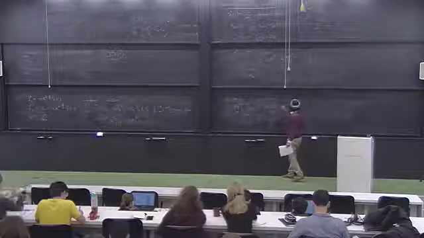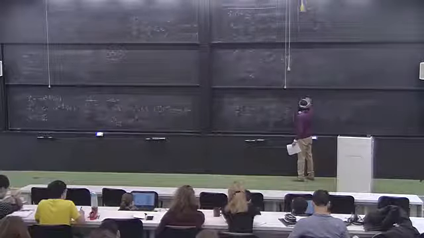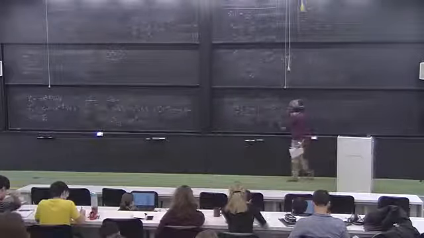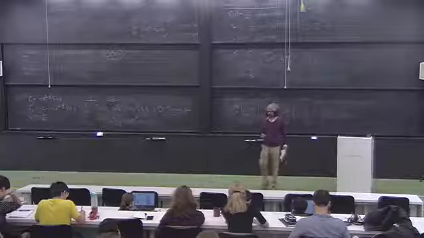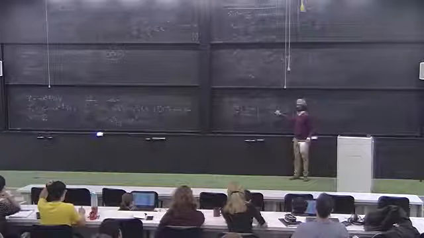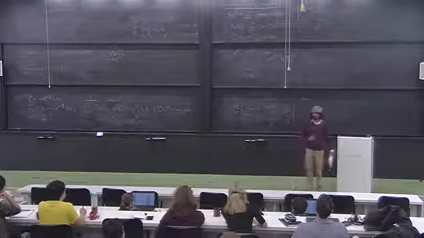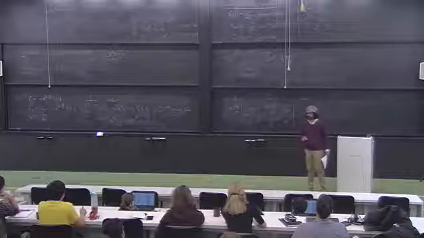Because E physical is related to the renormalized E by a finite shift, and because E now depends on the energy scale mu, the E physical will also depend on the energy scale, right?